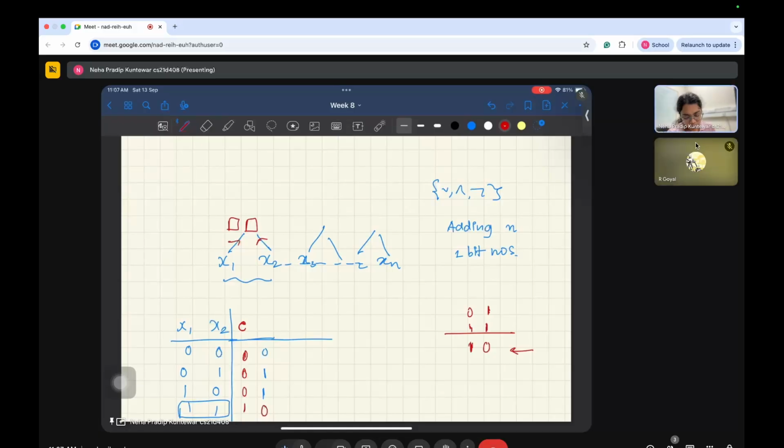So how is that done? The carry is basically an AND function, right? So this is an AND of x1 and x2, that is the carry bit for us, and this is a parity bit.